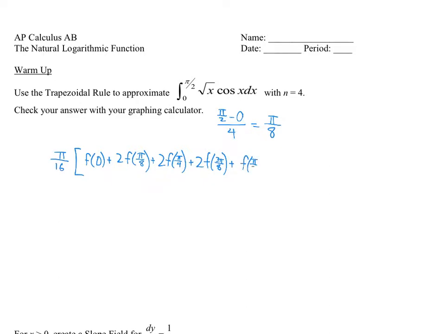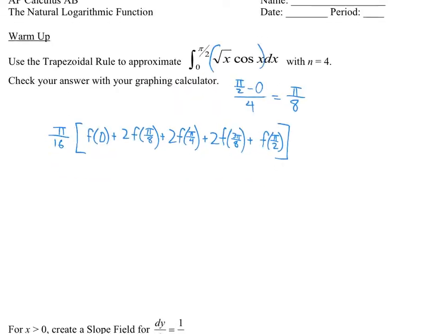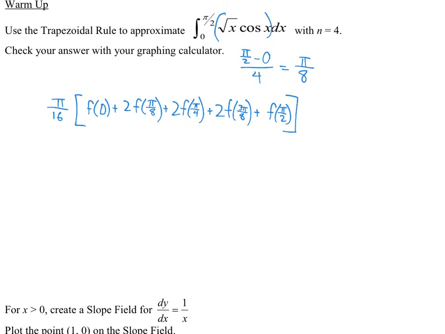That's the other end, that's my upper bound, so I'm going to stop right there. Okay? So that's how this would be set up, and the function, of course, is radical x times cosine of x. Okay, so at this point, guys, we are ready to use the calculator.